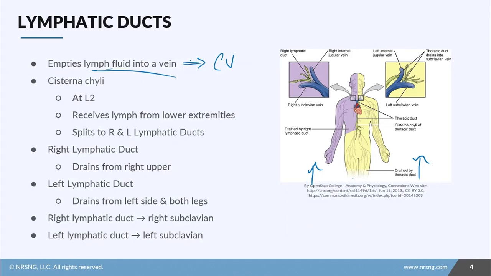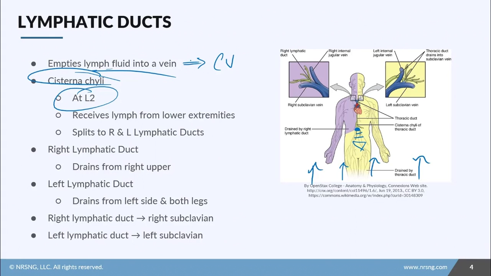But what happens is you have all this fluid movement up, and it's going to enter into this main spot. There has to be a main kind of collecting area, and the first part that the lymph fluid is going to hit is called the cisterna chyli, and the cisterna chyli is actually at the space of L2. So if your sacrum sits right about in here, and then you've got 1, 2, so it's somewhere kind of in this area.